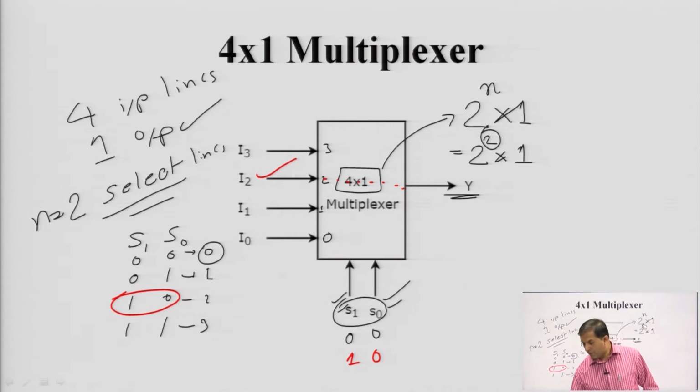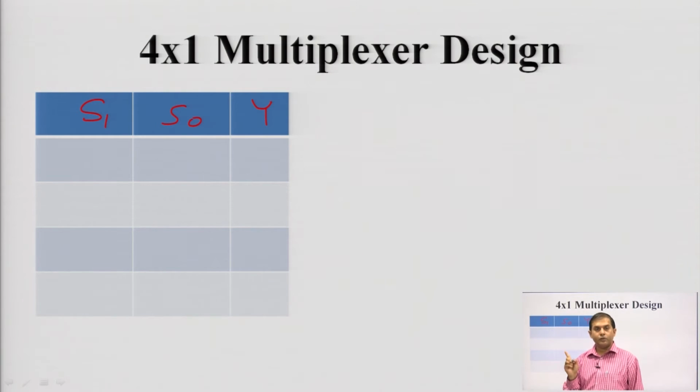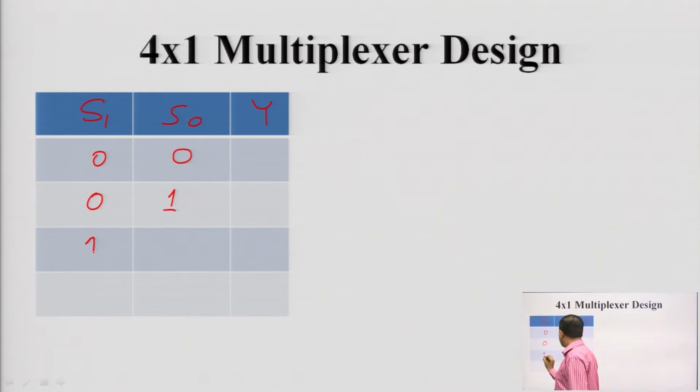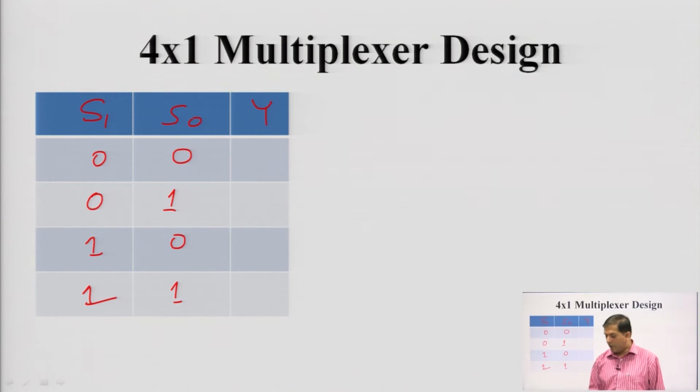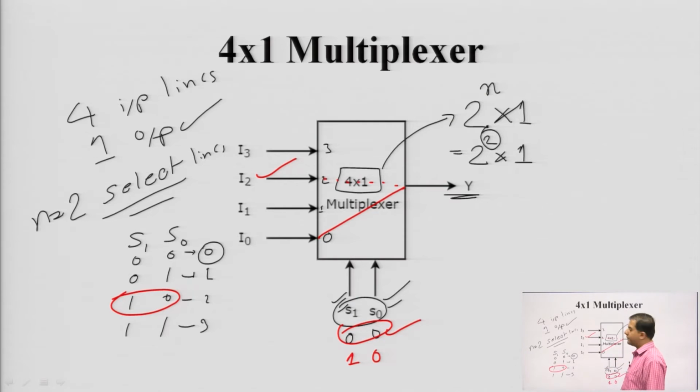Okay. So, now the same thing we are going to design. Whatever I have written like this: S1 and S0, and this is the output y. For 2 variables, 0 0, 0 1, 1 0 and 1 1, there are 4 combinations. You can see from the previous diagram, if the value of S1 S0 is 0 0, the output was for I 0.